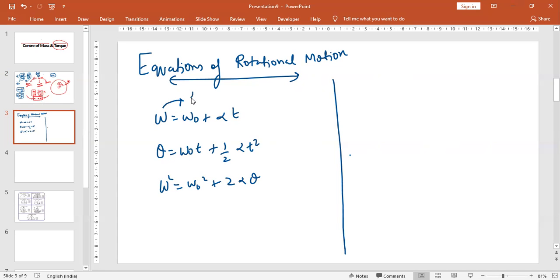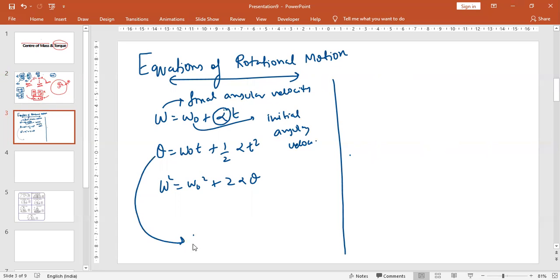So omega is your final angular velocity. Omega naught will be your initial angular velocity. Alpha is your angular acceleration, and theta is the angle covered.